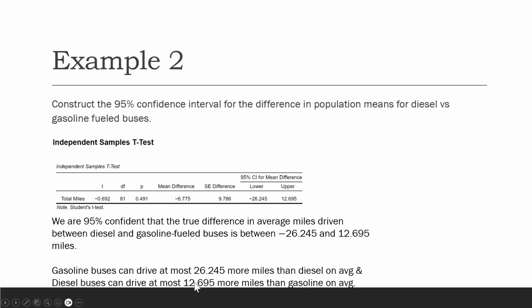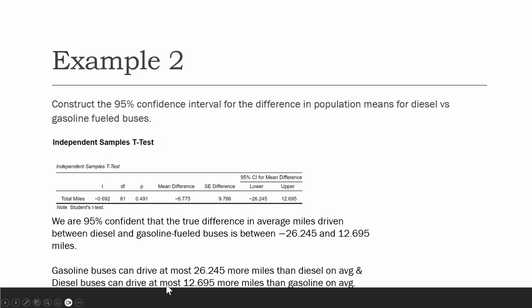And so you can tell, because we have both positive and negative values here, this test, if we were thinking about this in terms of a test, is kind of inconclusive because our confidence interval has values that indicate that either the diesel buses can travel further on average compared to the gasoline buses, and vice versa, right?